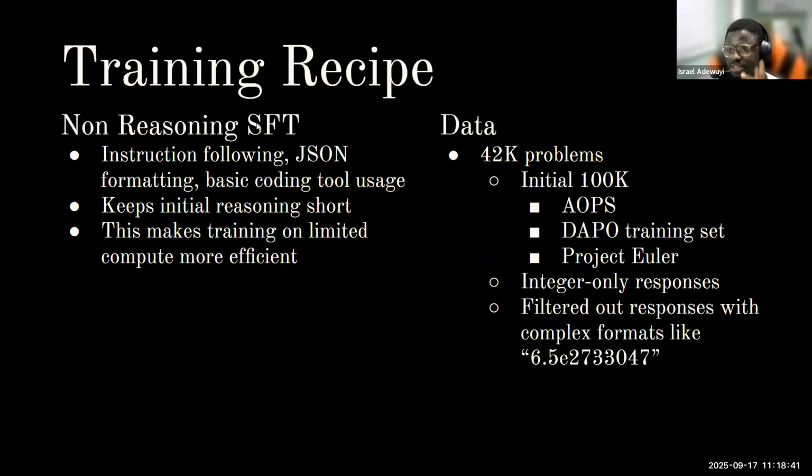Their justification was that most published RL training papers do SFT on reasoning chains, and they observe that the initial response length is always super long, very verbose. So they decided, okay, let's do away with this. They SFT'd on instruction following data, JSON formatting data, and basic code usage data. That is what they started the RL training with.